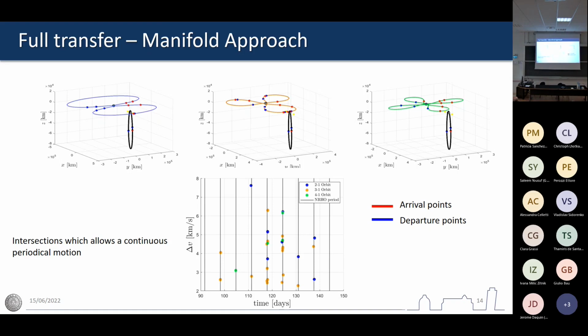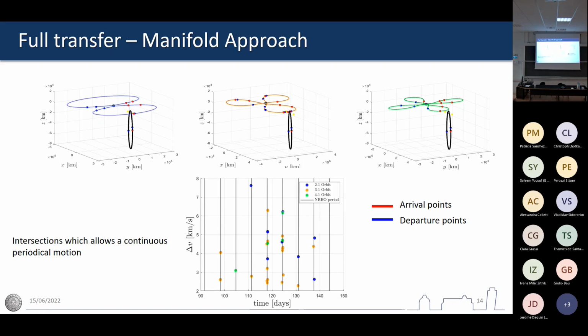But among all these trajectories that we found, we consider only the ones that had a period, time of flight, that was a multiple of the period of the target orbit. This is because in this way, we can intercept the spacecraft that is orbiting on the NRHO every time.